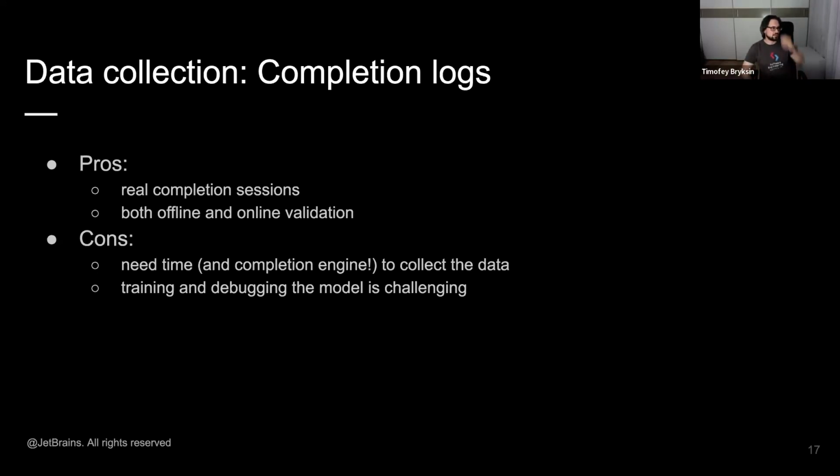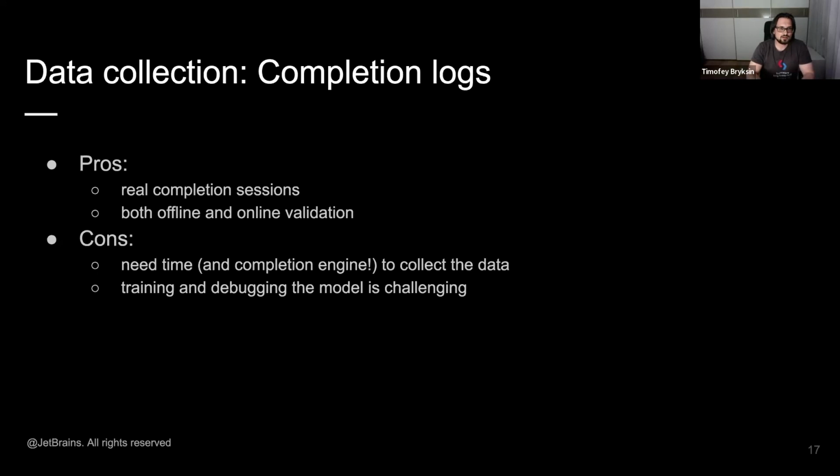You run it on some data and see some surprising results. What do you do? You look at the data. Why did the model behave like this? How did it learn this kind of behavior? You look at your training data, and we cannot do that. All that we have is a bunch of numbers that describe the code, the context, the behavior of the users, and so on, but we don't see the code itself. So we cannot look at the code and try to figure out if something goes wrong.